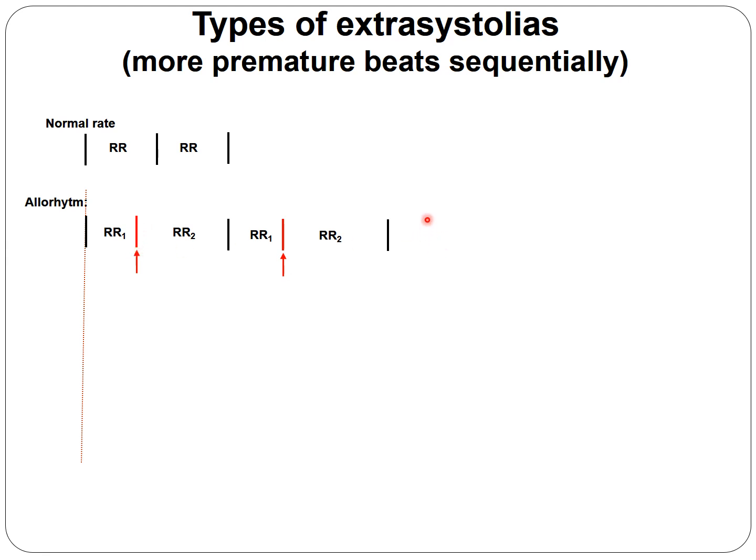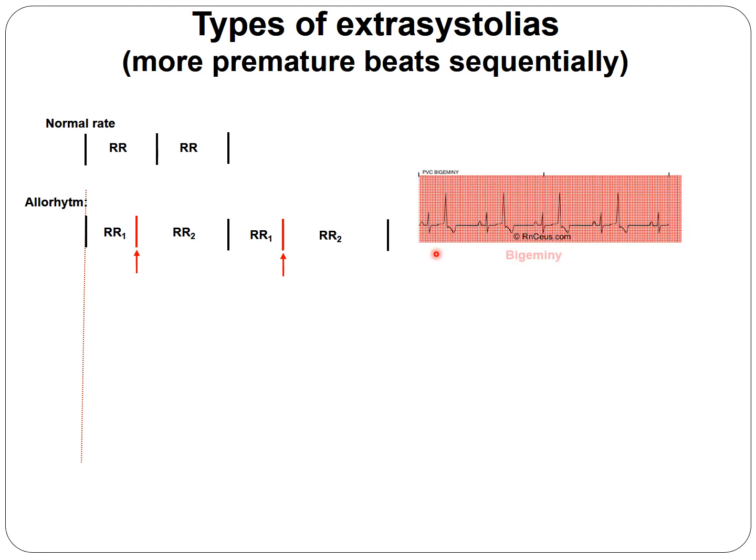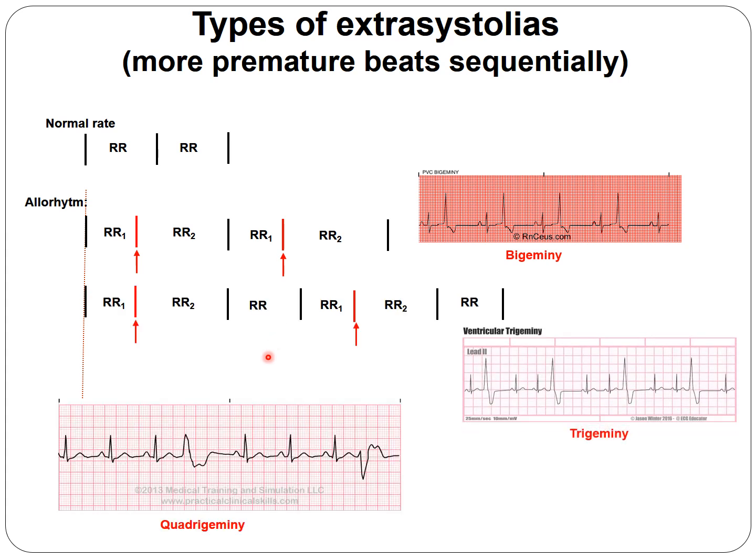As you see here, every second beat is premature, so it comes earlier, followed by a compensatory pause. If it comes every third, that is called trigeminy. If it comes every fourth one, that's called quadrigeminy.